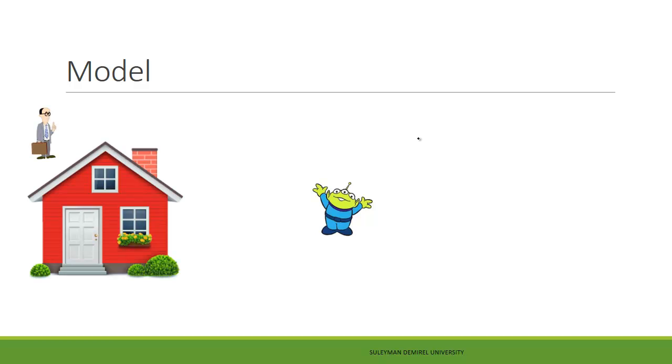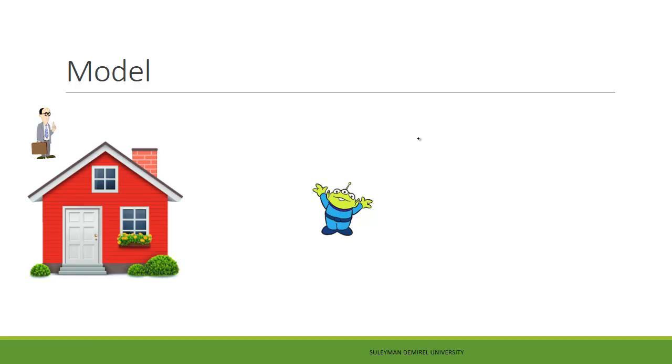Now we'll take a look at a small example in which we have a small, happy alien which came to our planet, and we have to teach this small happy alien so that he will understand what a home is, or the building of a house.